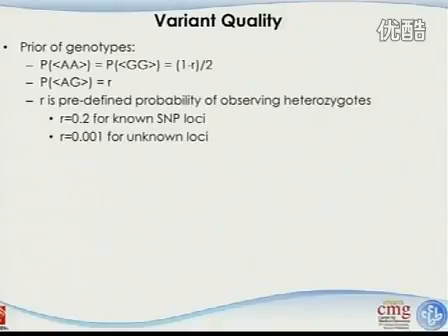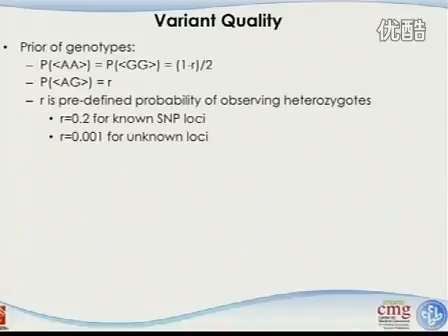But here, the prior requires an assumption of the heterozygous rate. So R here is the probability of observing a heterozygous, and here is the probability of observing a homozygous, which is 1 minus R divided by 2. And R is a predefined probability of observing a heterozygous.